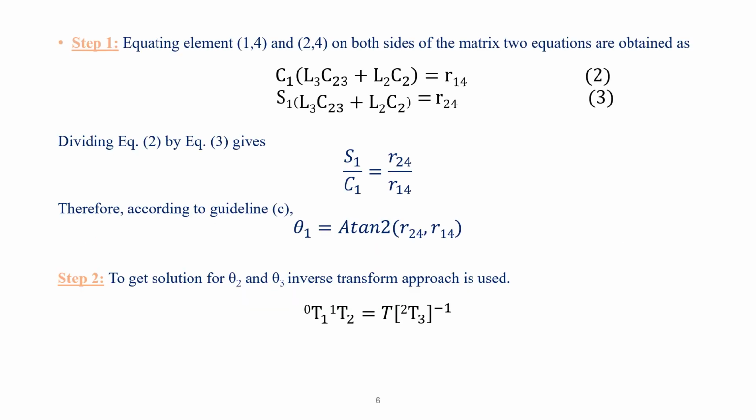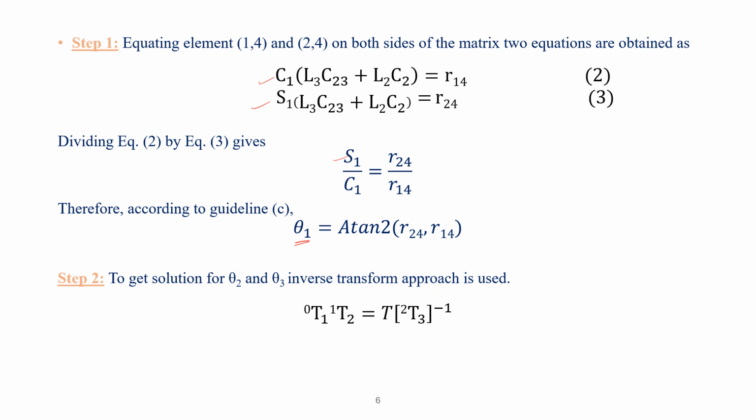So how do you do that? On equating both the elements, you will be getting R14 and R24 equal to these equations as given here. Now you divide equation 3 by 2, so that you will be getting sin theta 1 by cos theta 1 is equal to R24 by R14. From that you can easily get the theta 1 angle, which is nothing but the tan inverse of R24 comma R14.